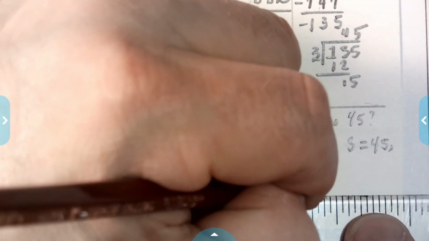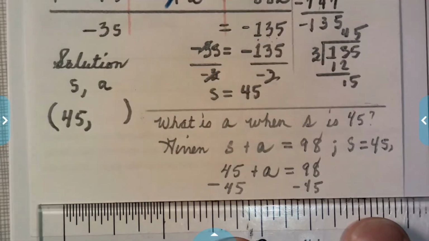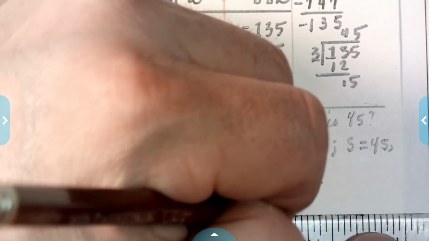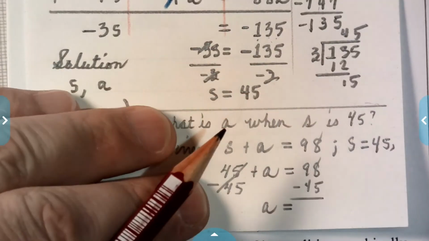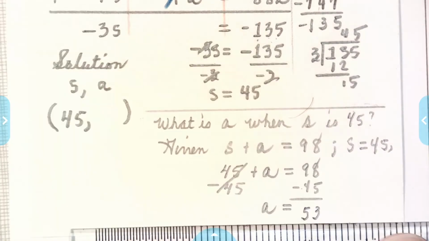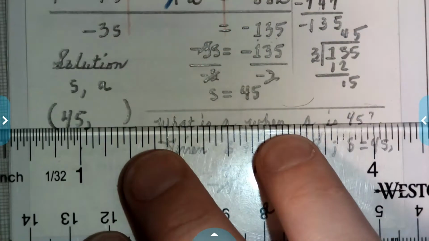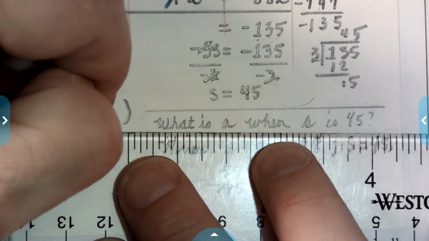And we just subtract 45 from both sides. Cancel. And then A equals 8 minus 5 is 3. 9 minus 4 is 5. 53. Okay, so A is 53.